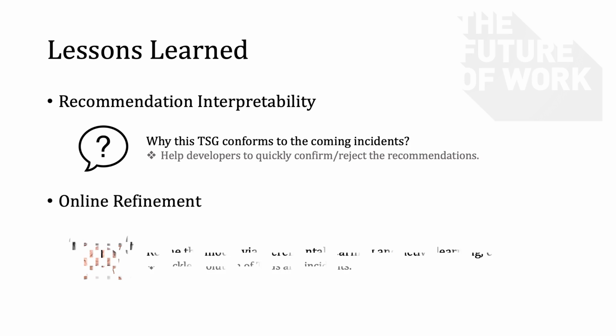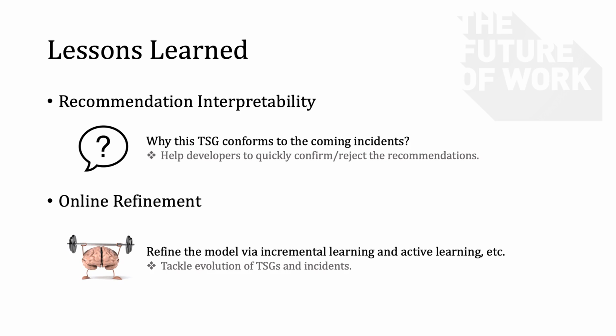Second, since new incidents and TSGs will be added in the future, and old TSGs may also be updated along with the evolution of the system, online refining of the recommendation model will be helpful to improve the performance. We leave them as our future work.